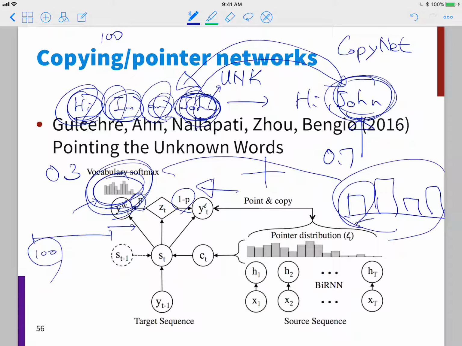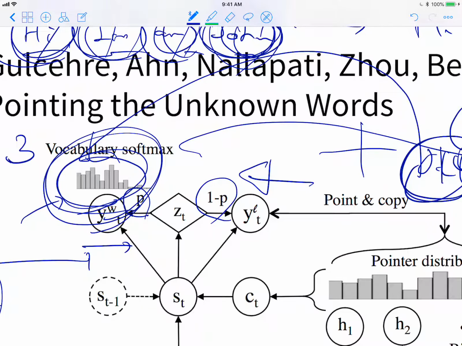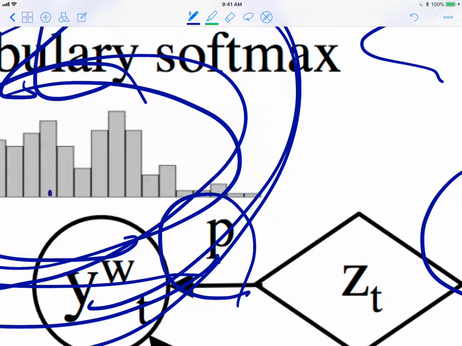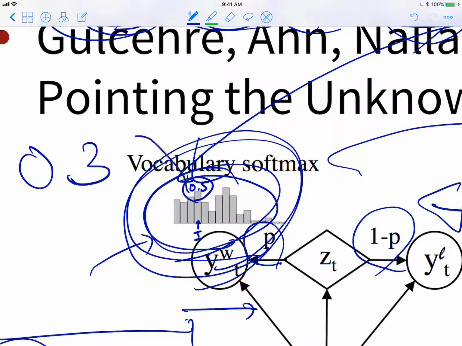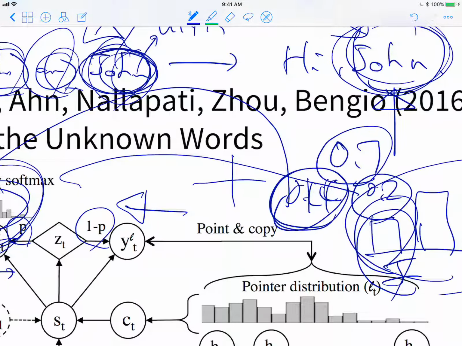Suppose "I" has a probability of 0.2, and this 0.2 times 0.7, which is 0.14, will be added to the probability for "I." So "I" had a probability from the typical softmax of maybe 0.5, for example, and then this 0.14 will be further added to that probability, okay?